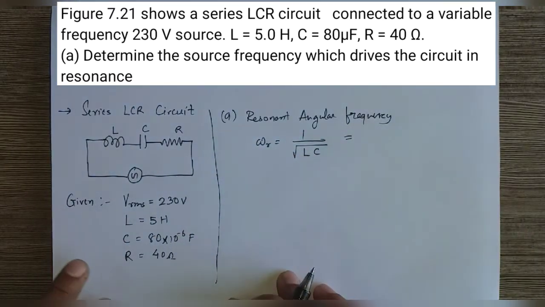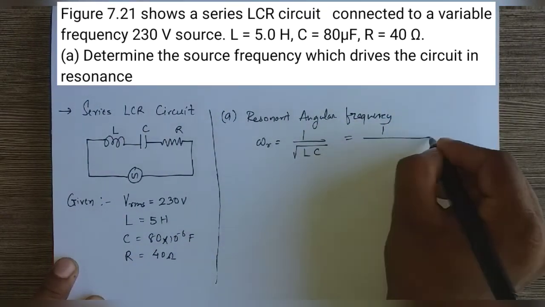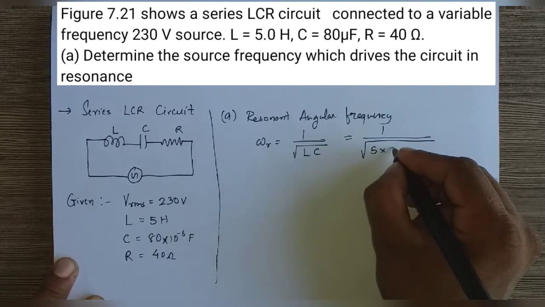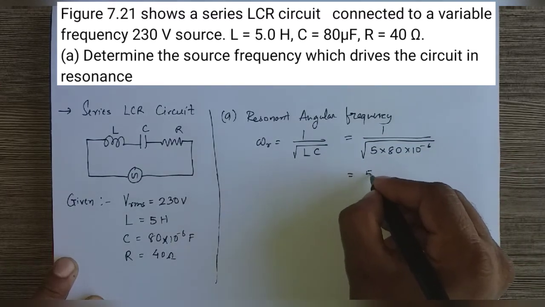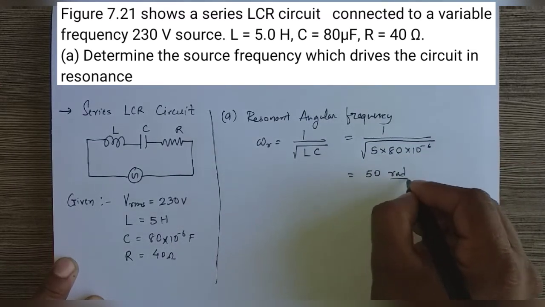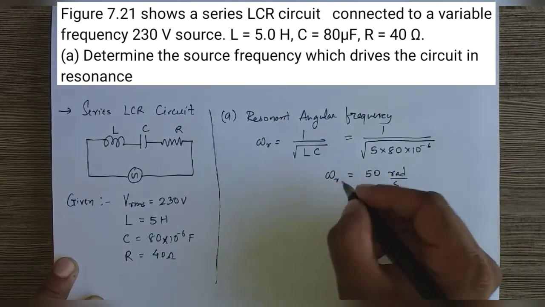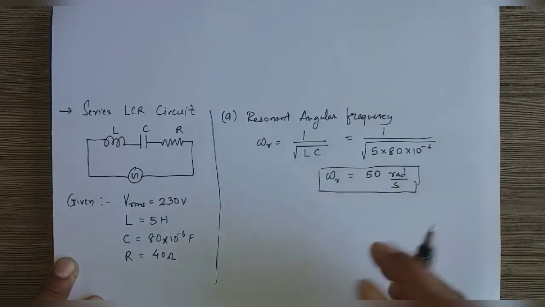Putting the values of L and C, it is under root of 5 into 80 into 10 raised to minus 6. On calculation the answer is 50 radian per second. So this is the omega R, the angular frequency for the series LCR.